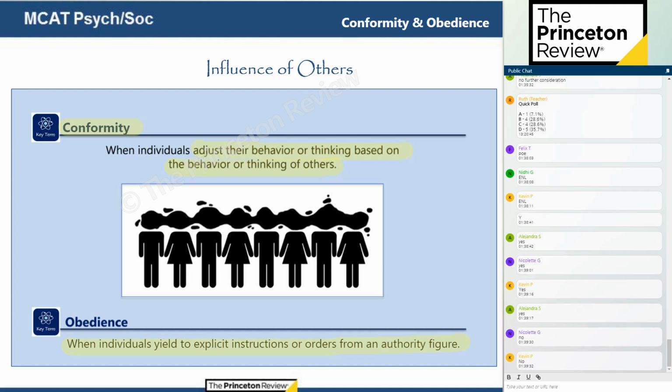It's about changing our behavior. What makes obedience obedience is we're being asked to do something based on someone we believe to be an authority or in an authority position. Okay?